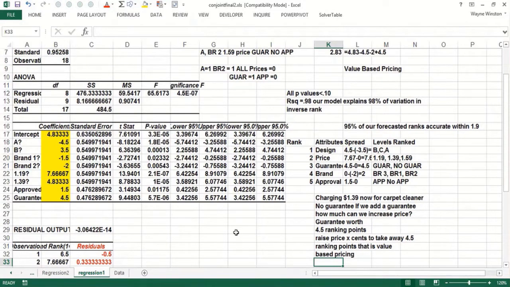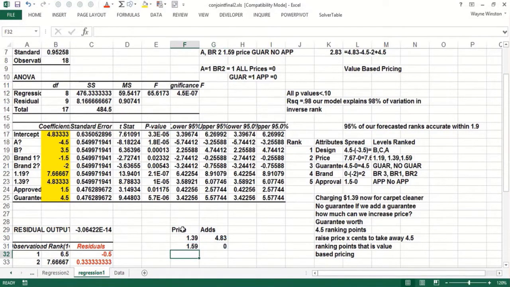Okay, so let's suppose we raise the price X cents. Well, the key thing to look at here is this 4.83. At a price of $1.39, that adds 4.83 ranking points to the customer's rank. At $1.59, that adds 0.